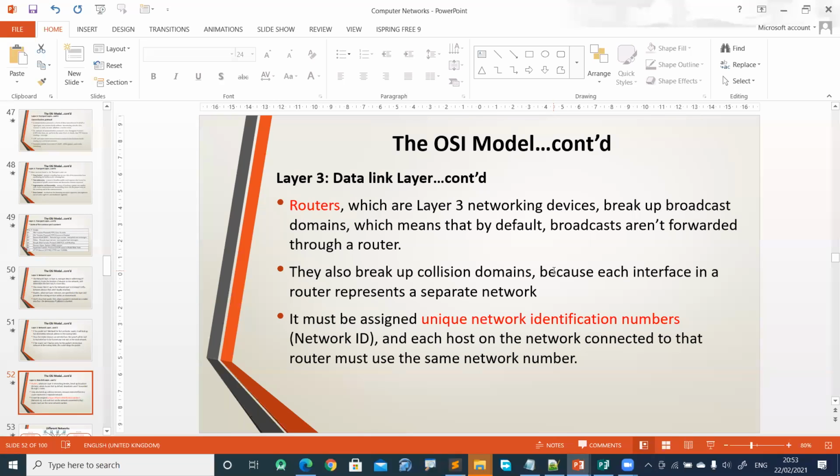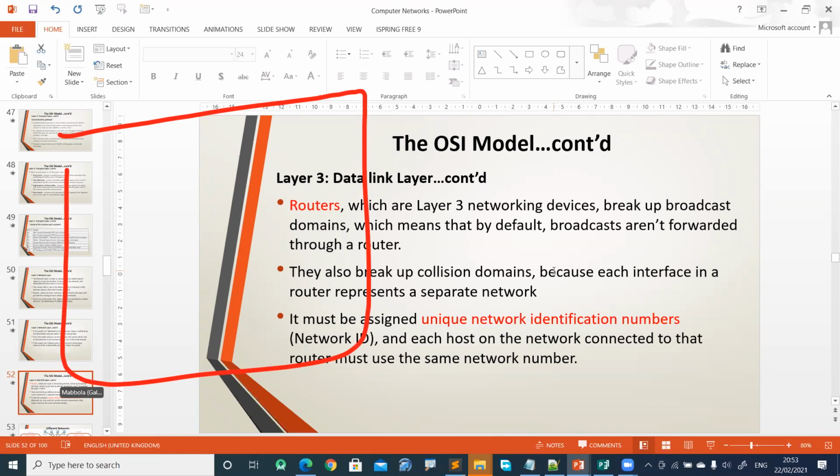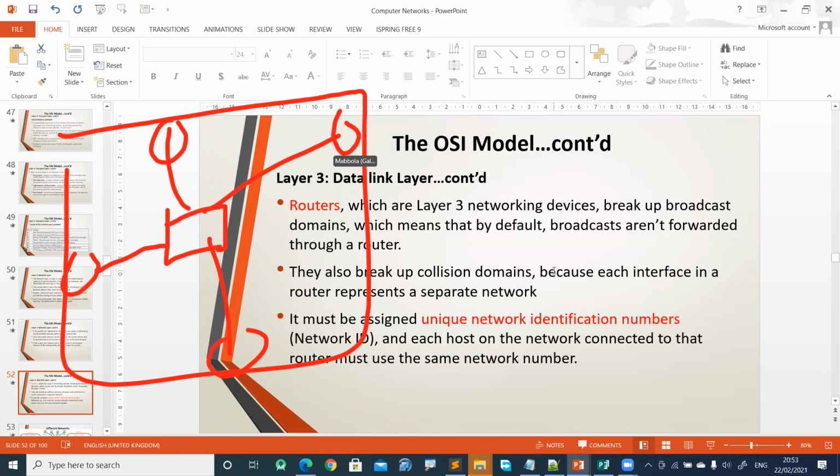Bullet number 2, they also break what is called the collision domain. This network here, more especially if these computers are connected to a hub. There's a topic on this one later on, I will explain more.